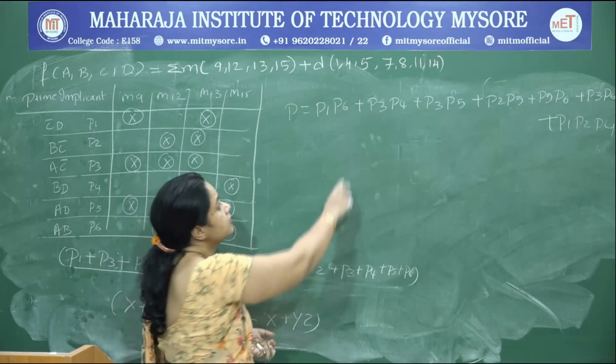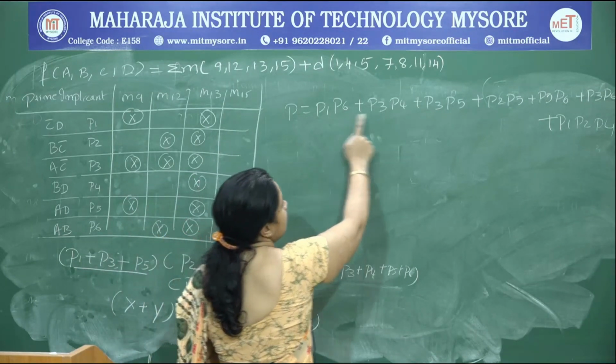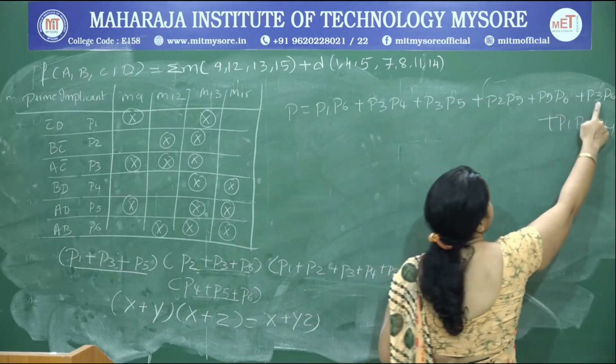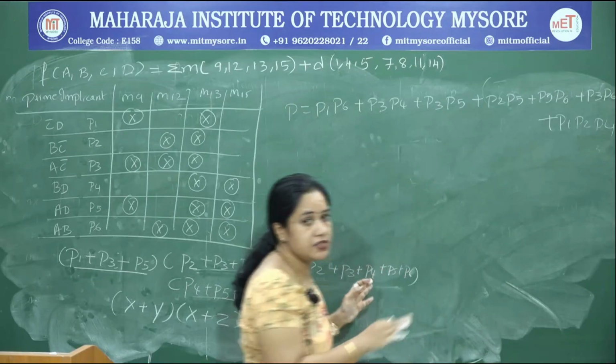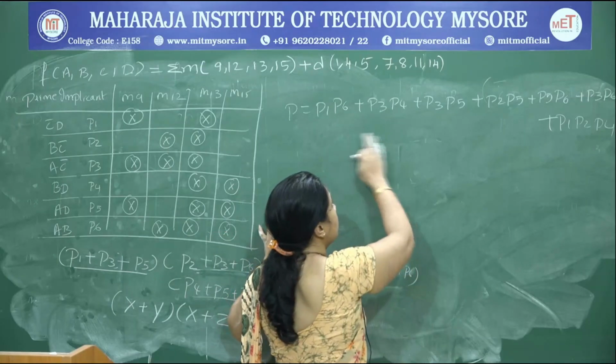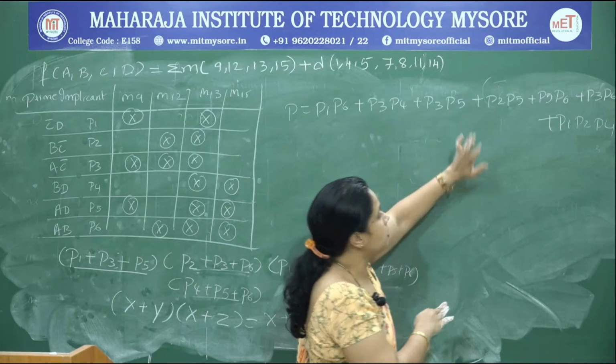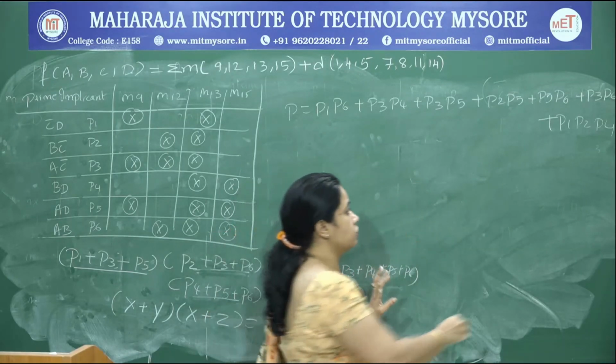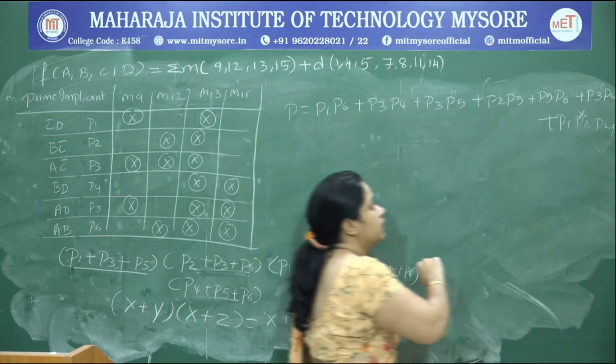So what you observe here is, how many possible solutions do you have? 1, 2, 3, 4, 5, 6 and 7, and out of the 7 solutions, these are the minimal solutions. You end up getting only 6 minimal solutions, and this one is not accounted for as a minimal solution.